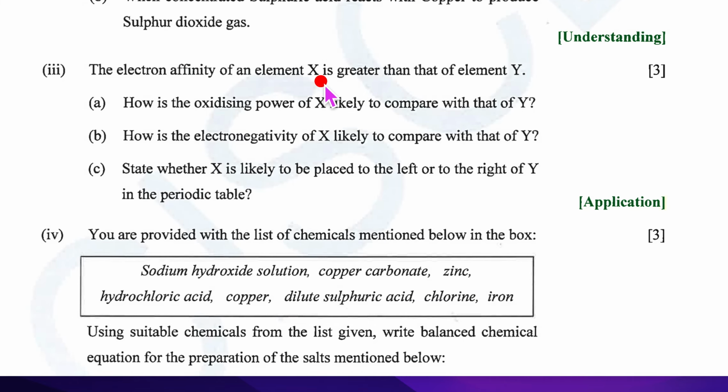Electron affinity of element X is greater than that of Y. For this you will have to do a little bit of thinking. Maybe you'll have to write on the paper. This is connected with the periodic table. Electron affinity increases across the period.